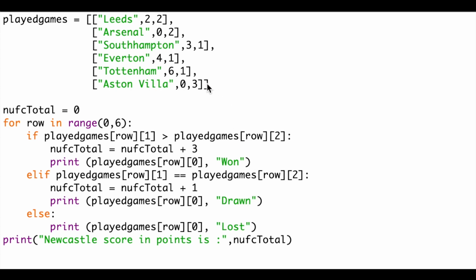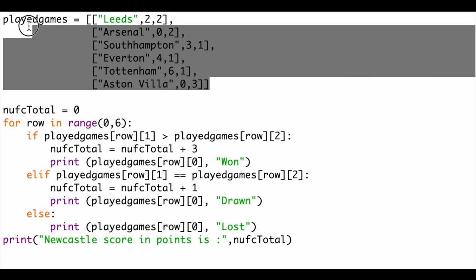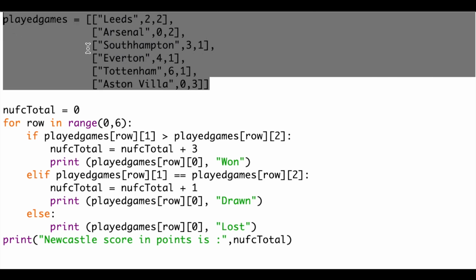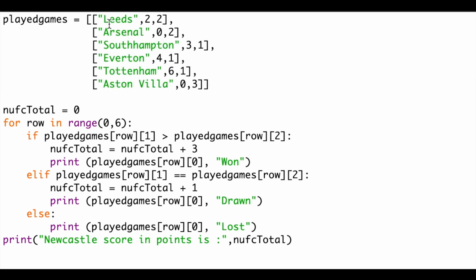So this is not part of the exam question, but for the program to work, I've had to declare the two-dimensional array so we have data to process. So each row of the table is represented within its own square brackets. Each column is separated by a comma.